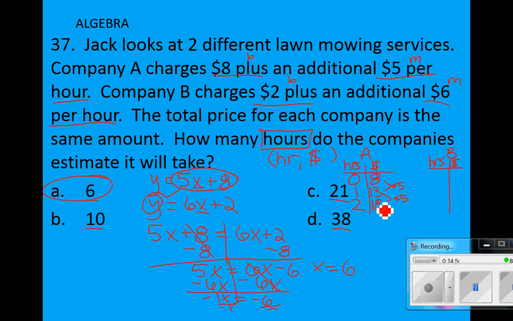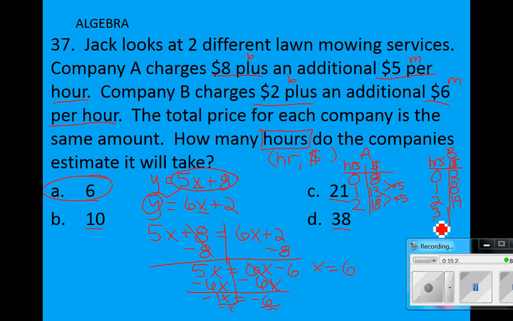For company B, they're charging $2 plus the additional 6 per hour. So even if I haven't worked any hours yet, I'm still going to make $2. Then after the first hour, I'm going to make 8 because I have to add 6 each time. 8 plus 6 is 14, and I can keep going.